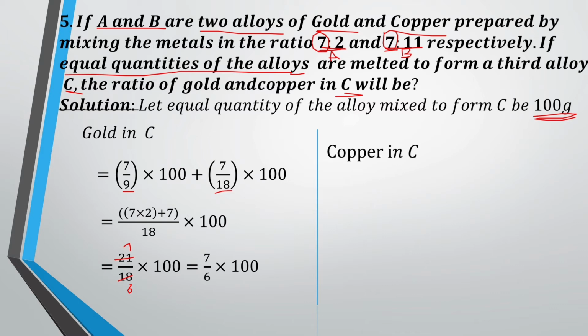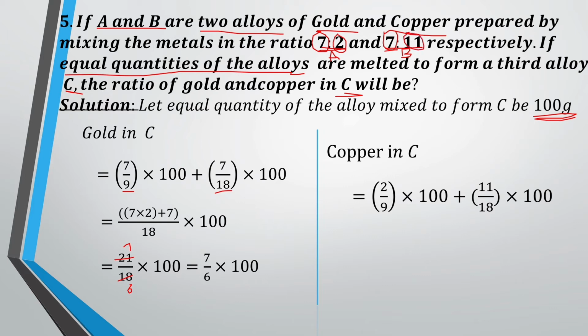Let's see copper in C. If we see copper, that will be 2 by 9 into 100 plus 11 by 18 into 100, because if you see the question, the part of copper in the alloys is 2 parts out of 9 and 11 parts out of 18.